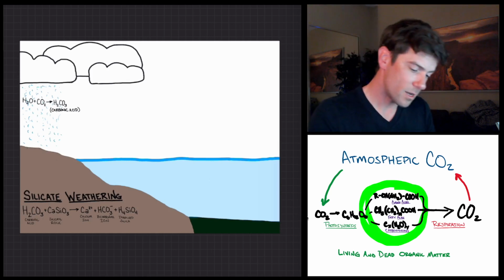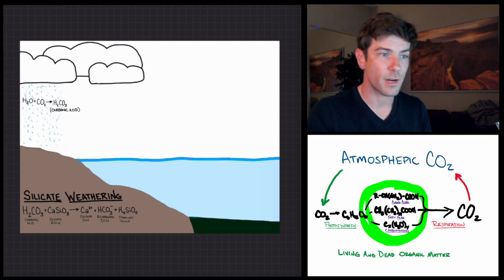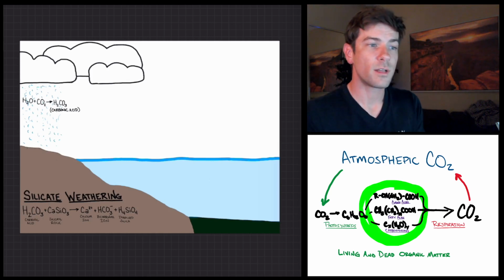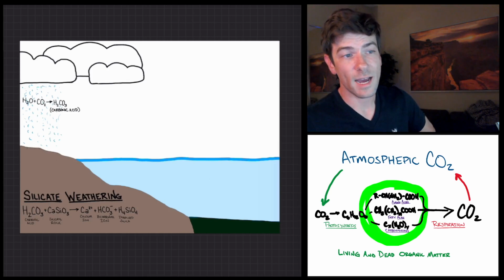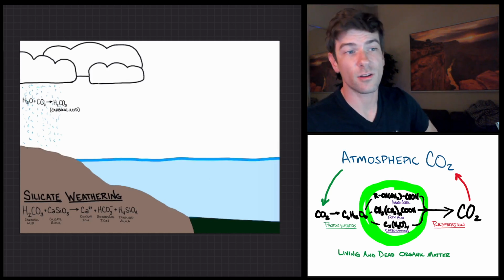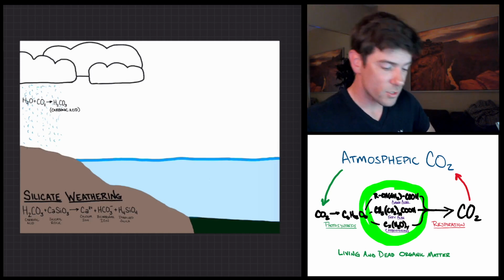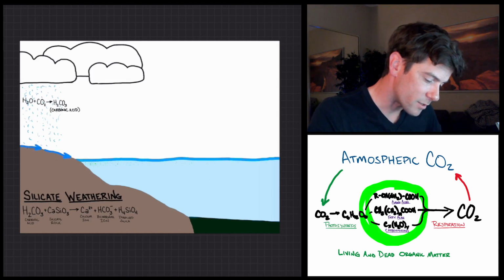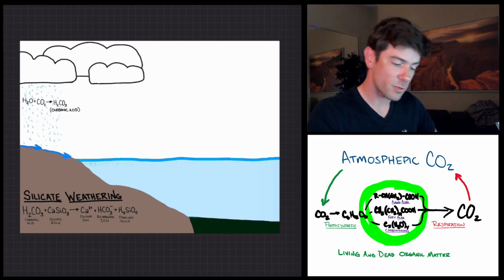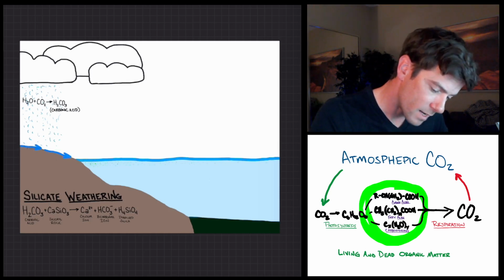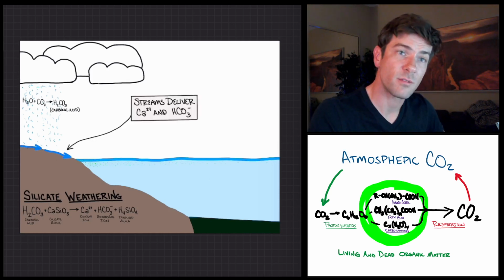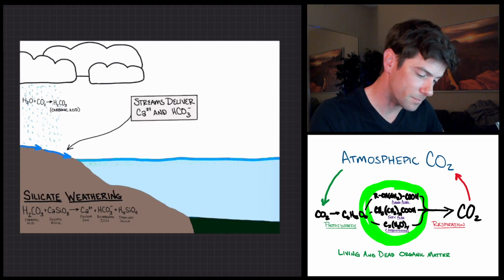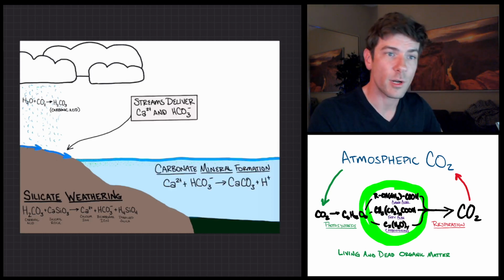Okay, and so we have acidity, we have the silicate weathering reaction down here in the bottom left, where carbonic acid reacts with a silicate mineral to liberate calcium in this case and create bicarbonate. Those are delivered to the oceans by streams and rivers, right? Through that process, streams deliver calcium and bicarbonate to the ocean, where it accumulates.